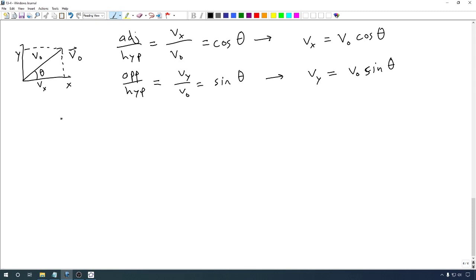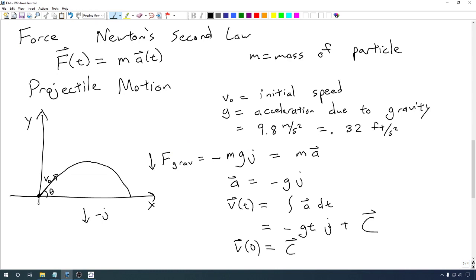In other words, C, the vector C that we have on the previous page, is just going to have components of v naught cosine theta, v naught sine theta. Which also means that V of t, since remember we're taking C and then we're also adding minus gt j.